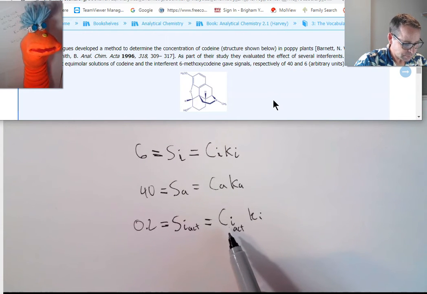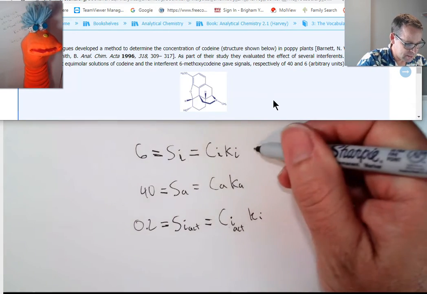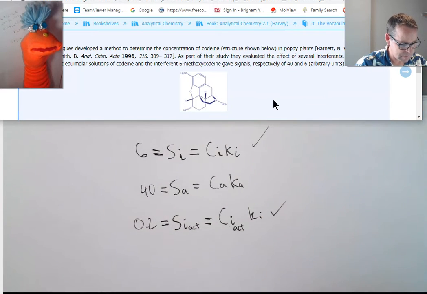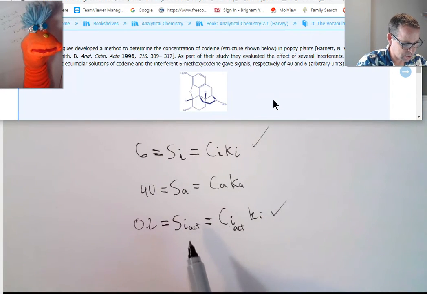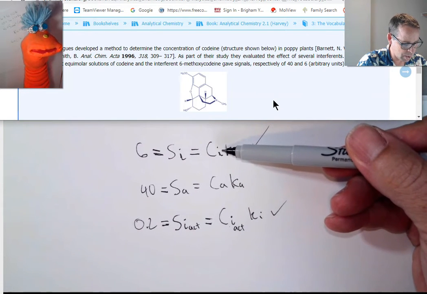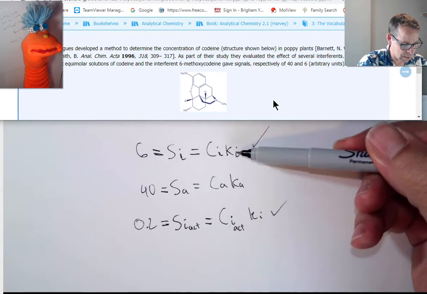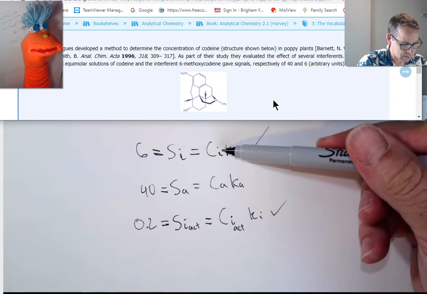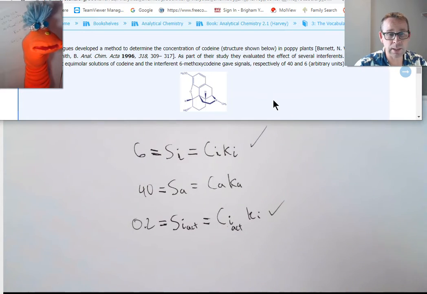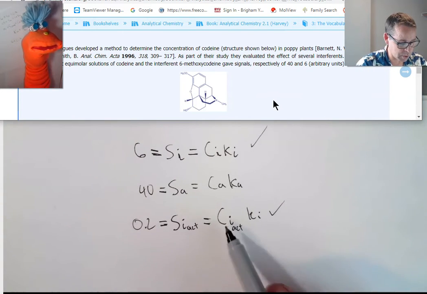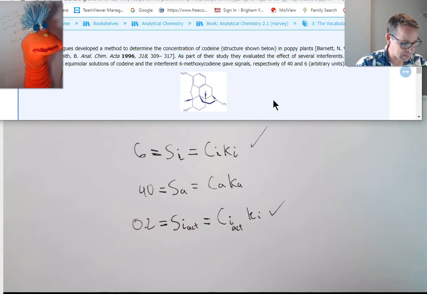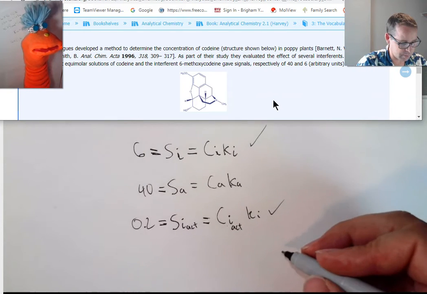Well, I can take these two equations here and see that I have two unknowns, the Ki and the Ci acceptable, the acceptable concentration of the inhibitor, and I can combine them together in a ratio.